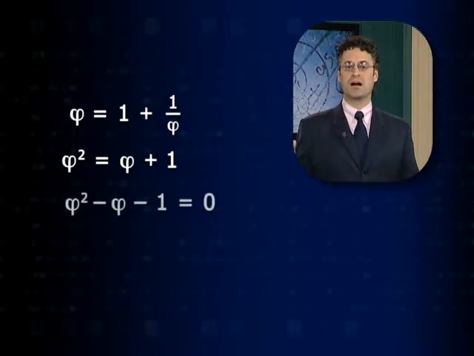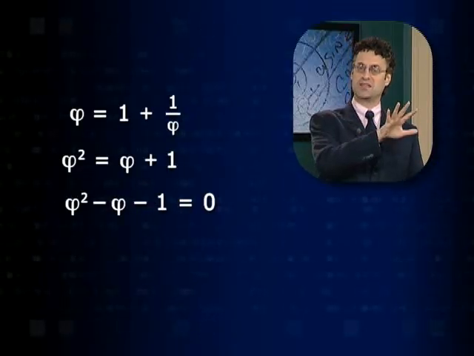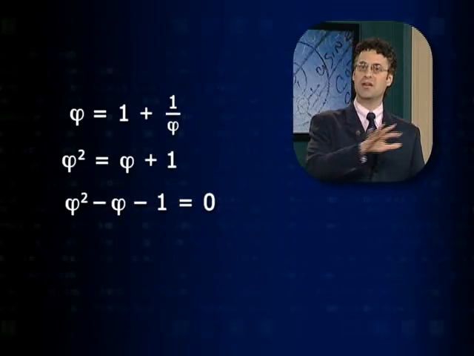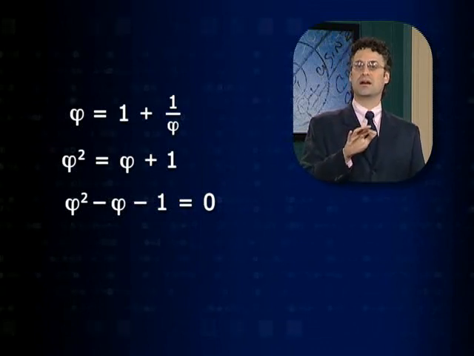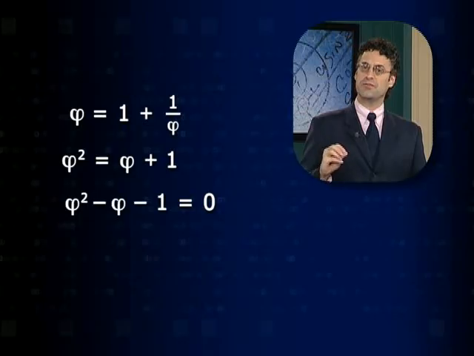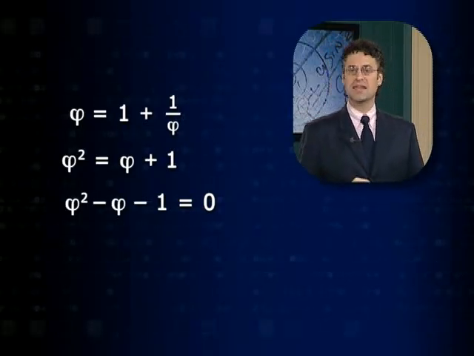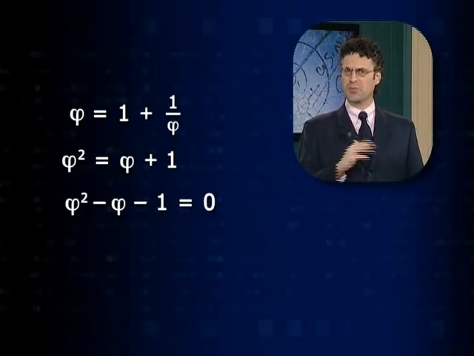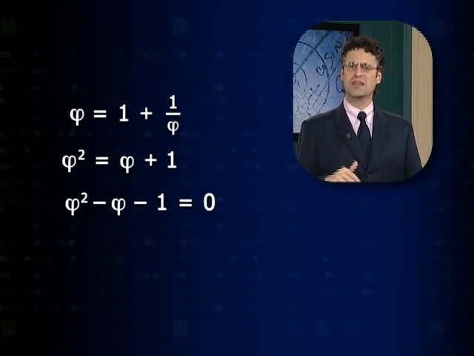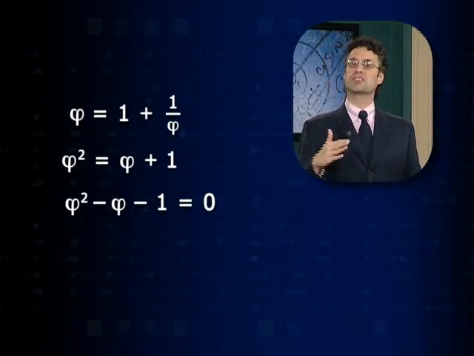So then I'd see phi squared minus phi minus 1. If I subtract the left-hand side over, then we'd see simply phi squared minus phi minus 1 equals 0. Now, using the quadratic formula, which we saw in grade school, we can actually find the two solutions to this. Now, there will be two solutions because it's a quadratic.